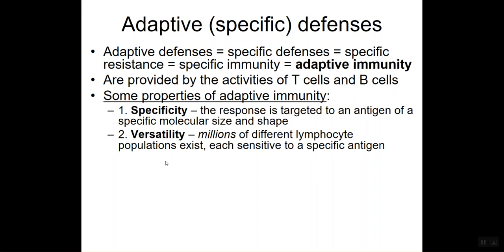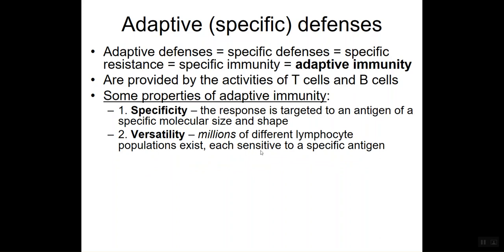It's very versatile. So even though you have never been exposed to most of the possible antigens that are out there in the world, you have the capability of recognizing them. You have millions of different types of lymphocytes in your body right now that are just floating around inactive, and they won't become active unless they encounter the specific antigen that they are capable of recognizing.